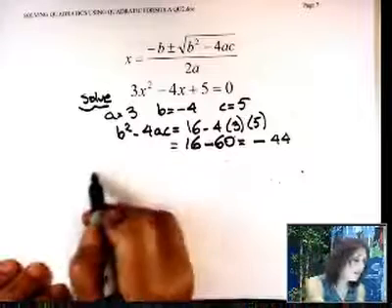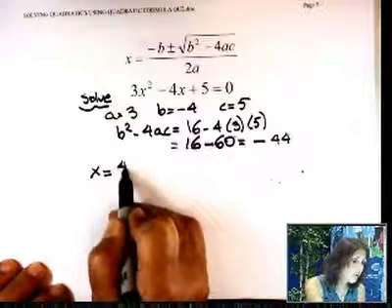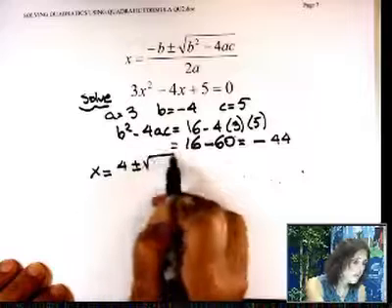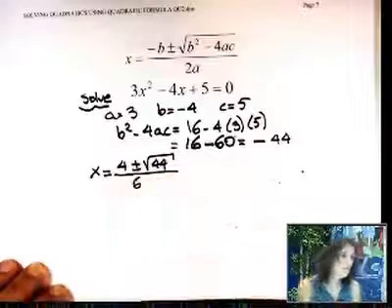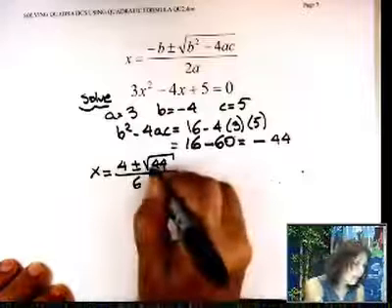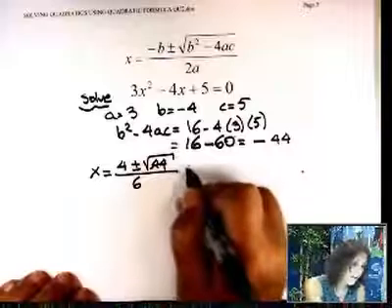So what do I have? x equals negative b, which is 4, plus or minus the square root of negative 44, over 2a, which is 6. But this one is a negative, so that means I'm going to get an i in there.